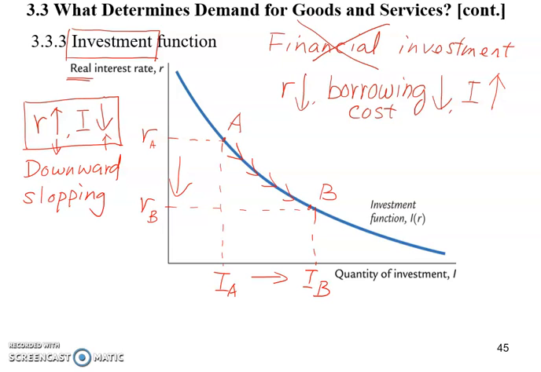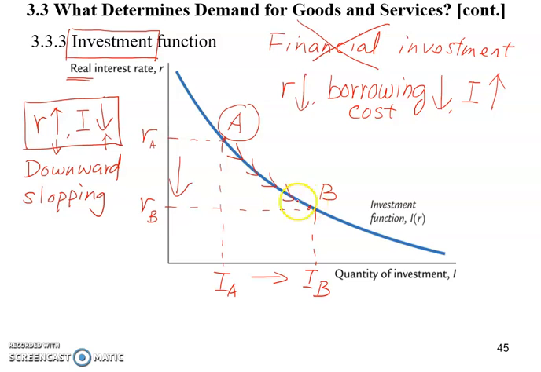For example, they probably had some projects before the decrease in the real interest rate, when the interest rate was at RA, or at point A. They found that these projects were not profitable because the borrowing cost was relatively high.